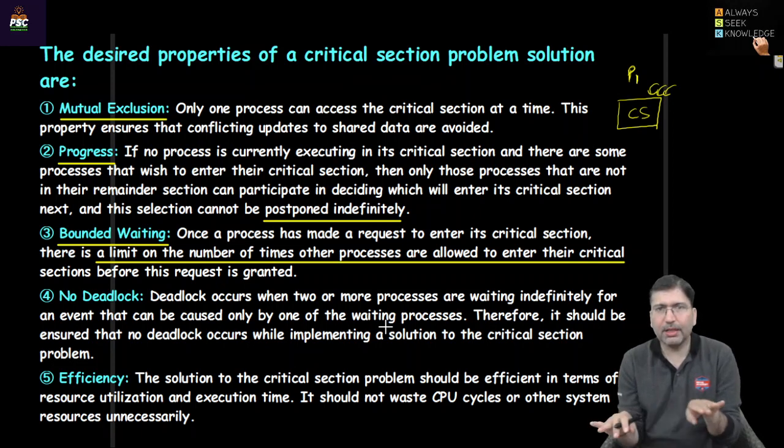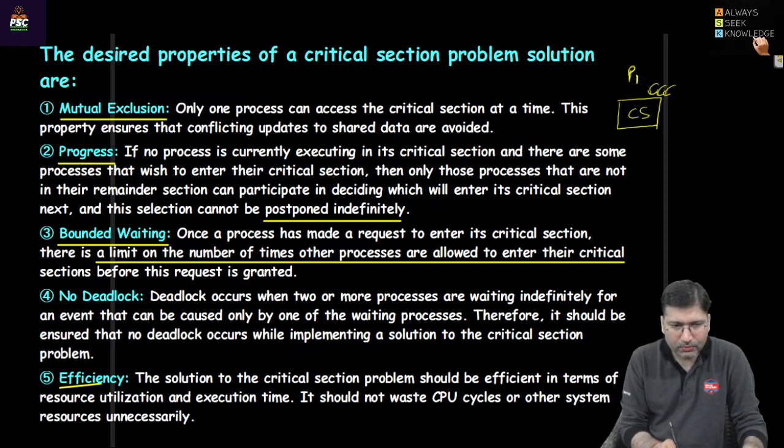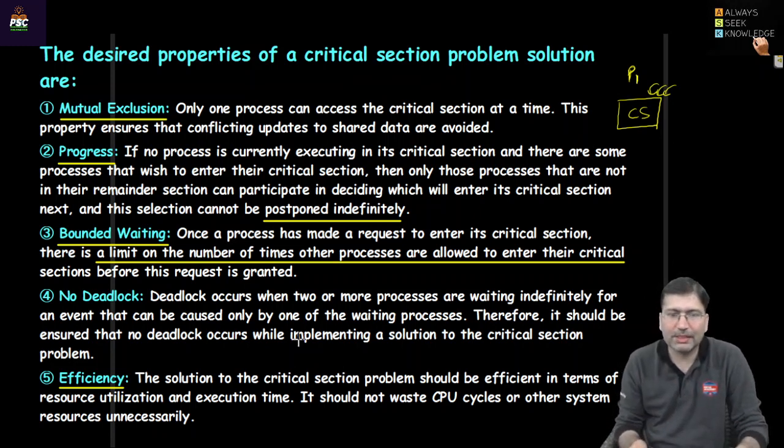Maybe the condition of mutual exclusion will be true, but it is not the desired property of a critical section solution. The processes need to acquire the critical section in a specific order so we can control the data inconsistency. And your solution must be efficient enough. It should not be very complex, taking so much time, computational resources or memory to decide to make your critical section protected. So please remember all these things.